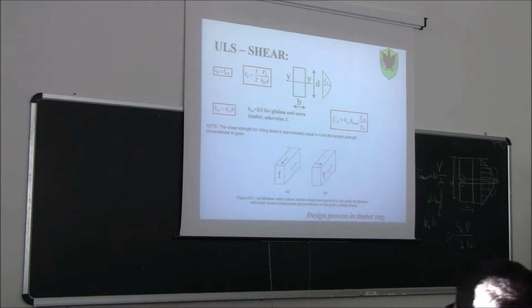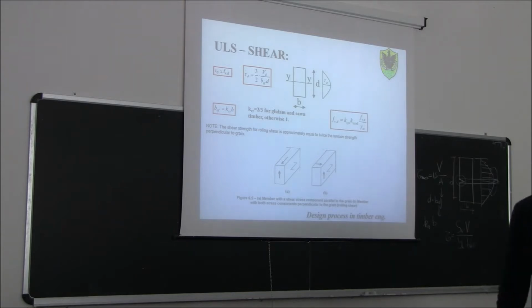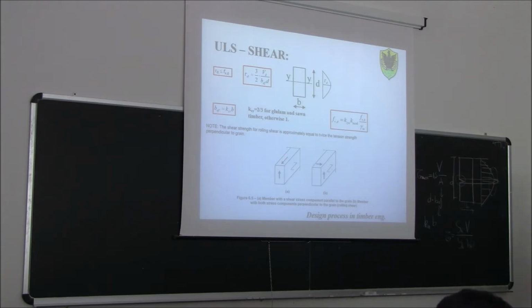Now, the important thing to be aware of is how to choose the fvk, the characteristic shear strength. As we said before, we have three possible planes of shear. Actually, those are two planes, as you can see here.